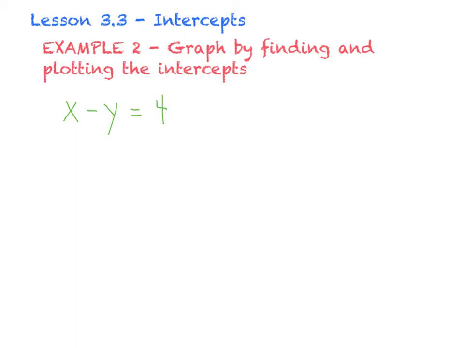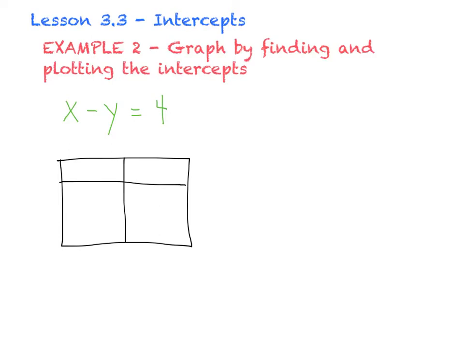And we're going to do this by finding the intercepts. Well, like we have done in the past in lesson 3.2, we're going to do this by making a table. Now, typically we have found 3 points, but this is going to be a little bit different. We're just going to find 2 points.